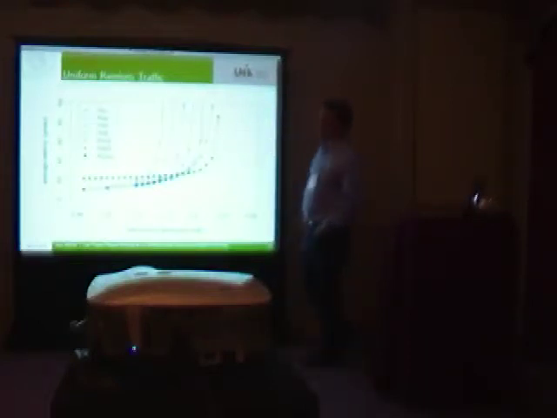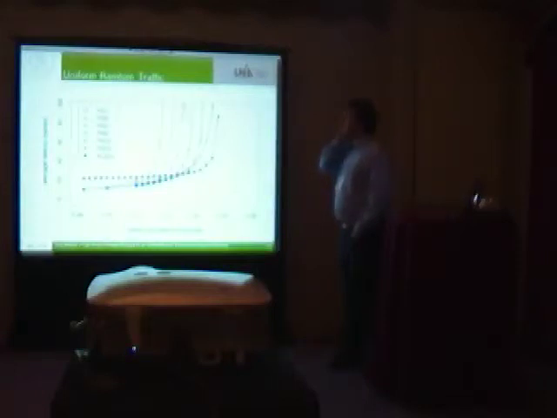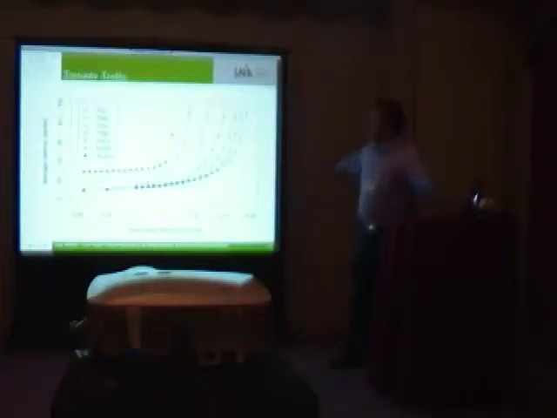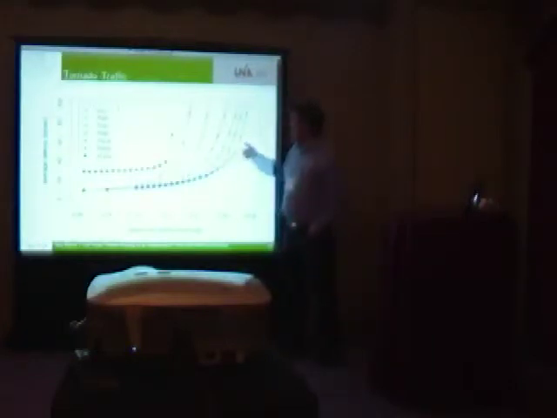This is for uniform random traffic. The other typical traffic patterns look about the same. So they are in the same range. Some are slightly better here, some are slightly better there. For example, tornado traffic. Here the Paternoster is better than the conventional router.